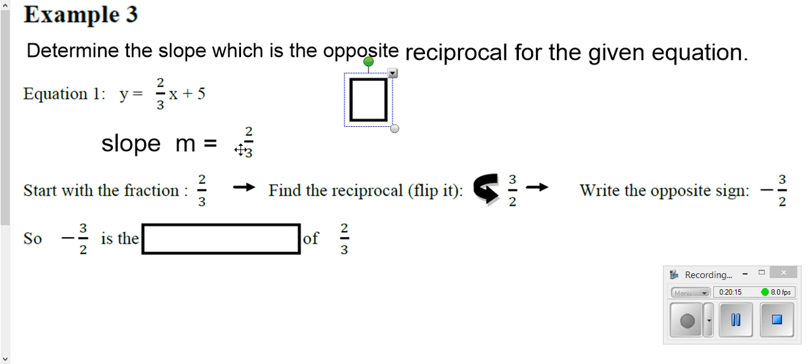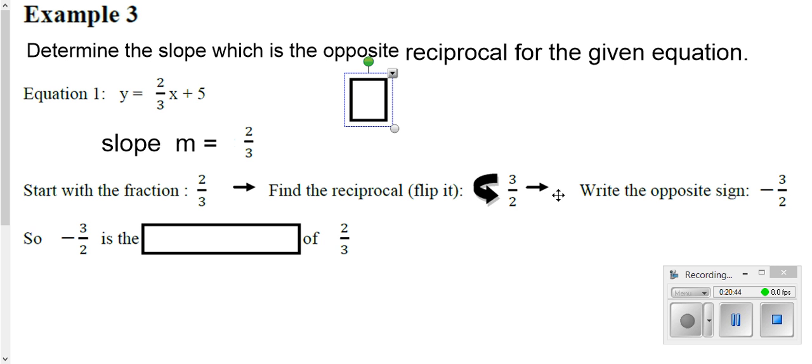So how do we find the opposite reciprocal of 2/3? Well, you start with that 2/3. You find the reciprocal, which means flip it over, so the bottom becomes the top and the top becomes the bottom. So now we have 3/2. Then the second opposite part is to write the opposite sign. This was positive, so now stick a negative sign in front of it. So one is positive, one is negative.